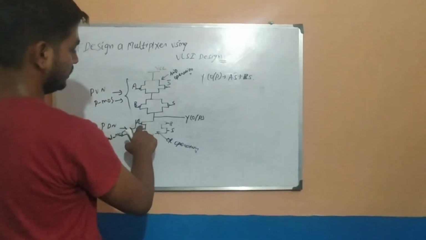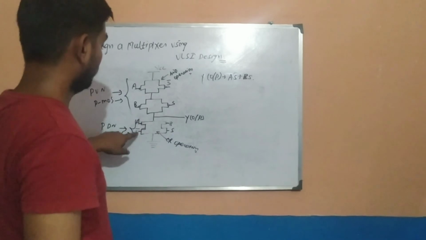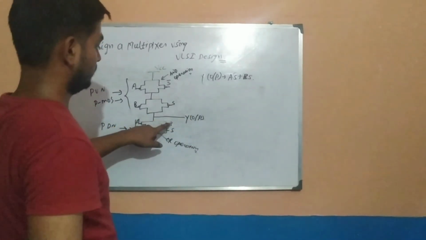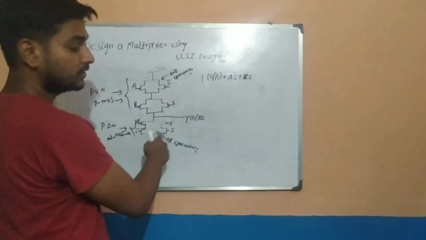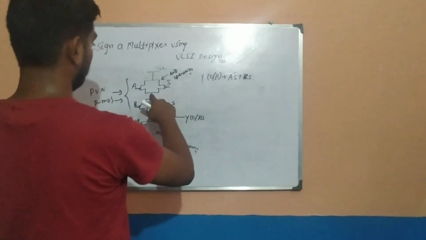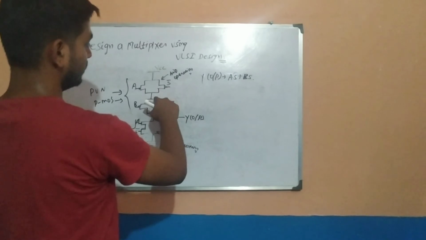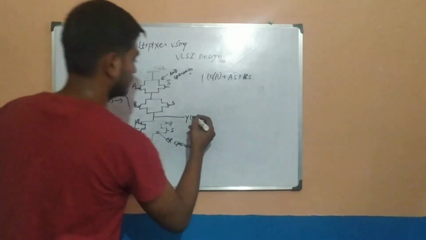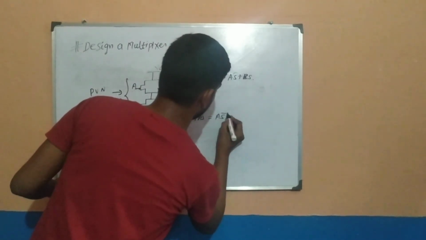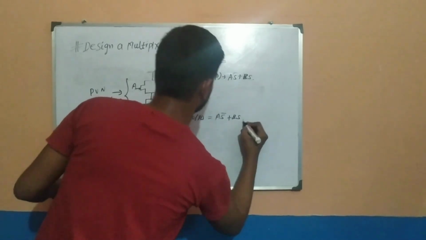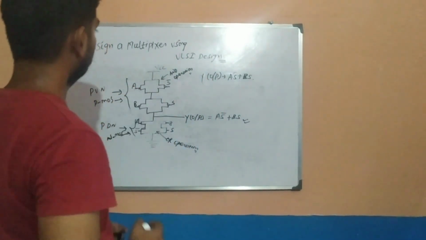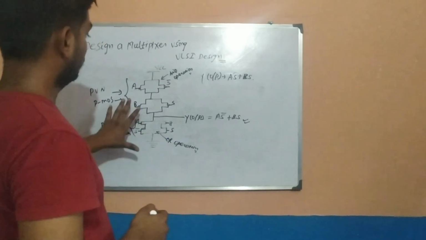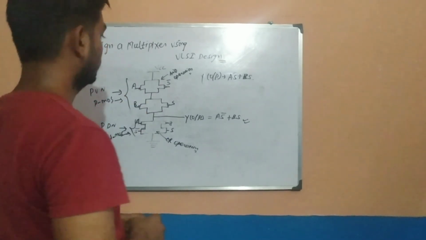So it is multiplied: A S dash, and this is connected in series to B S, and these are parallel to each other, so there is a plus. This is the output, A S dash plus B S. This is basically the VLSI design using a 2 to 1 multiplexer, meaning a 2-bit multiplexer.